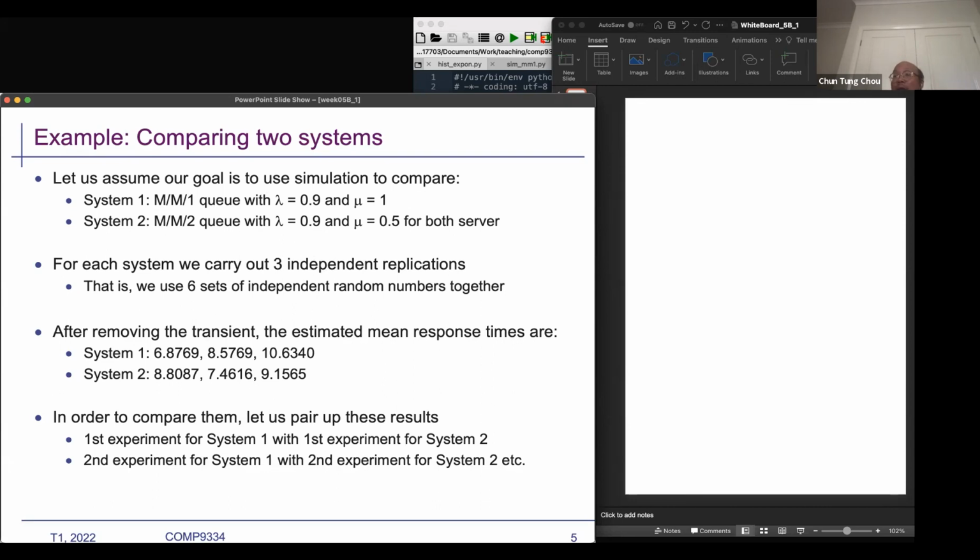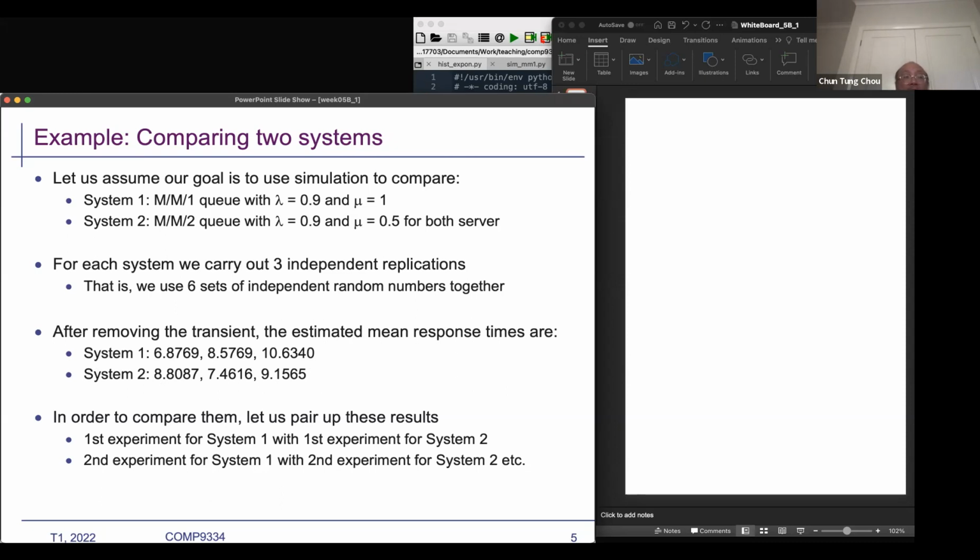Now, what you learned on Tuesday is that you need to remove the transient and then use the steady state part to estimate the mean response times. So here are the numbers. For system 1, the mean response times from the 3 simulations are these 3 numbers. And for system 2, the mean response times are these 3 numbers.